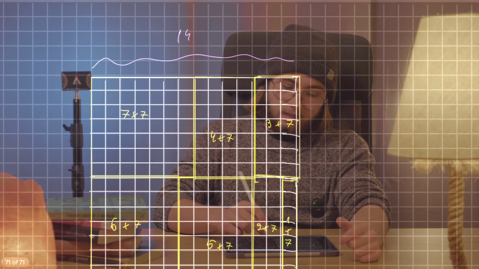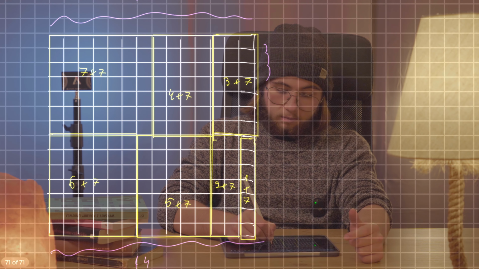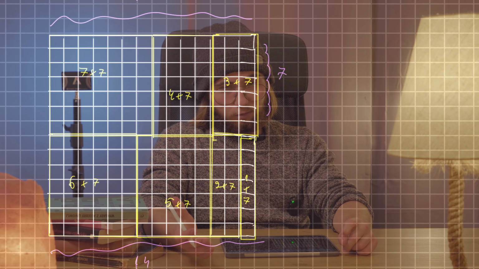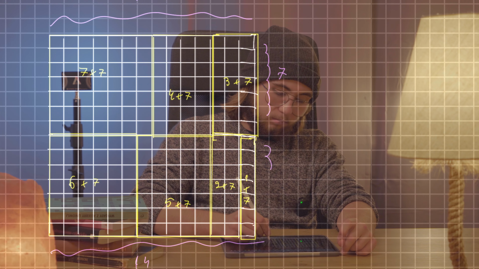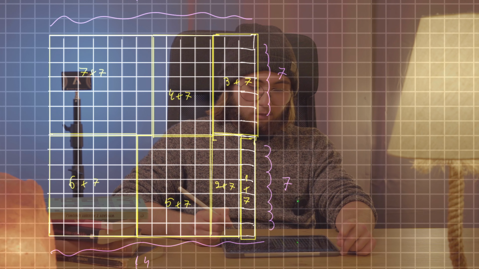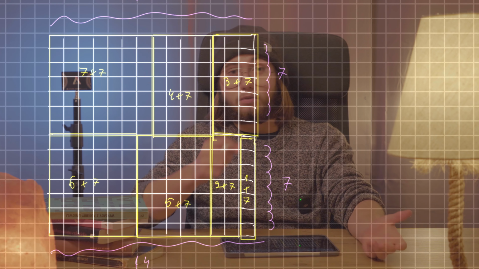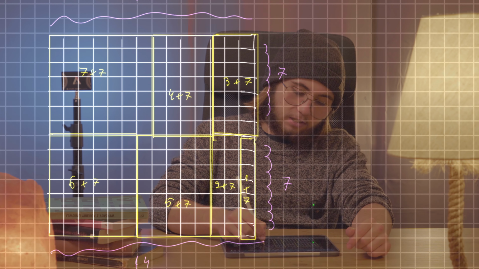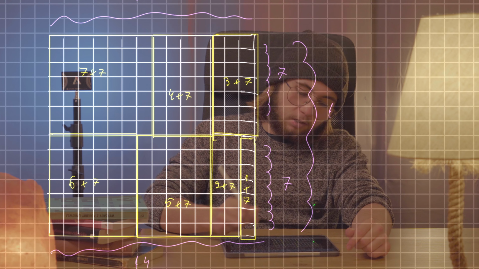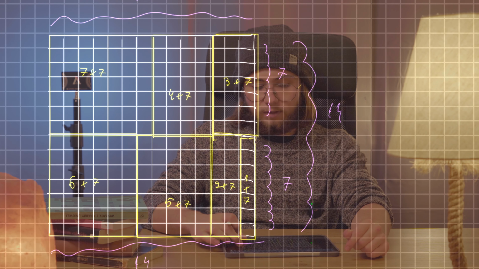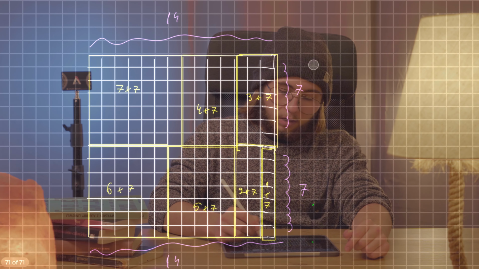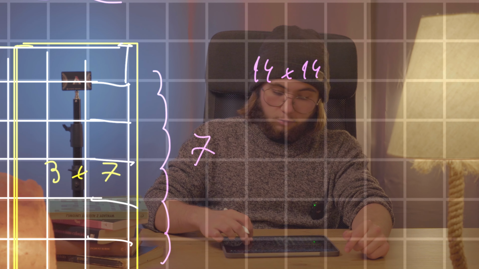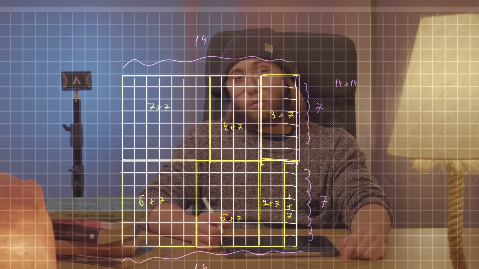Also, this one has height equal to 7, so the longer side is 7, and this one just as well has its longest side equal to 7. Actually, each and every one of those rectangles has its longest side equal to 7, and so this side right there is also equal to 14. Okay, so we have a square which is 14 by 14 unit squares.